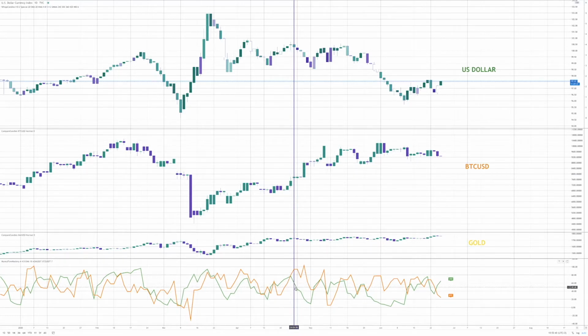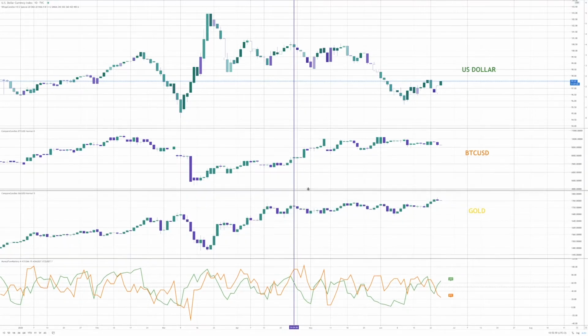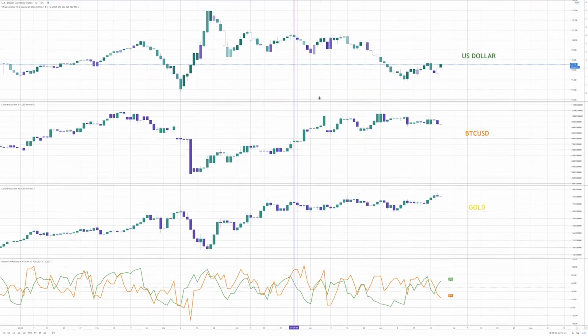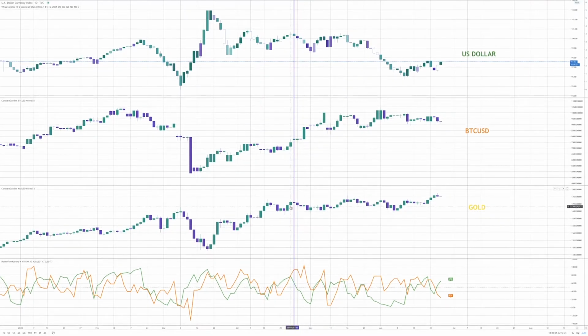US dollar was heading down with good momentum. Selling your US dollar at this moment in time and going into Bitcoin, we can see that you had a really good move. If we bring gold into the equation, you can see that gold went basically sideways. So more money was flowing into cryptocurrencies than anything else.